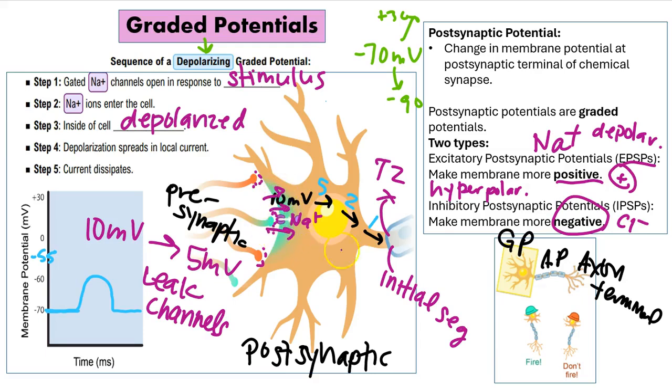But if I have a leak channel here that doesn't need a ligand, and a leak channel here, sodium's also going to be going out, because we are increasing the concentration of sodium inside the cell. Leak channels go off of diffusion, from high to low. So some sodium is going to go out, and because of that, you are going to decrease the overall signal. So that's the reason why.